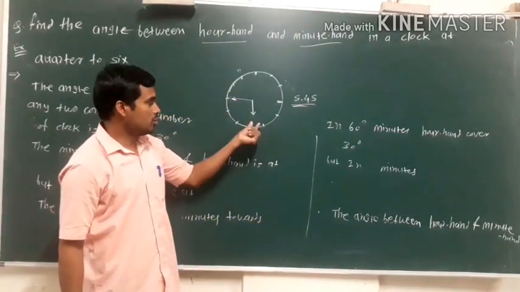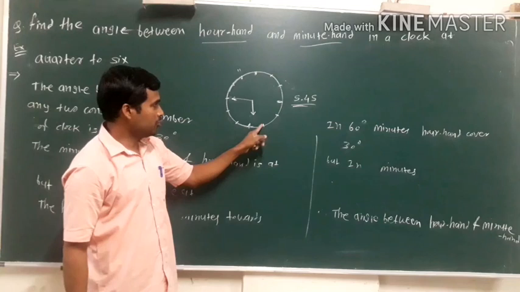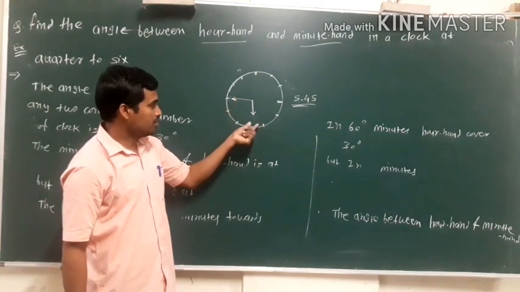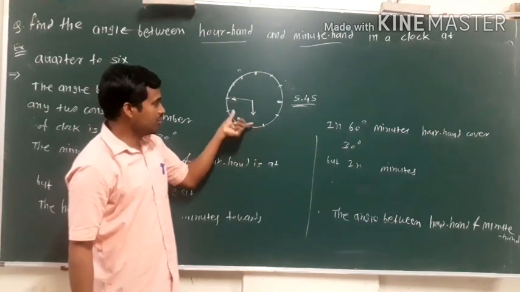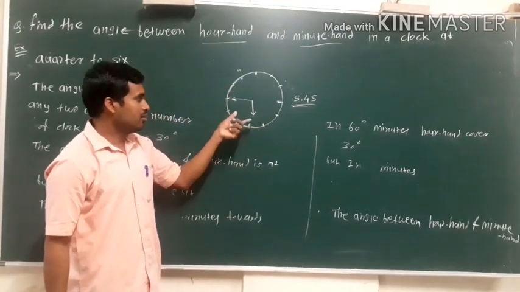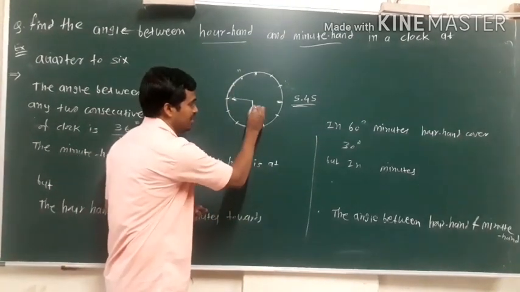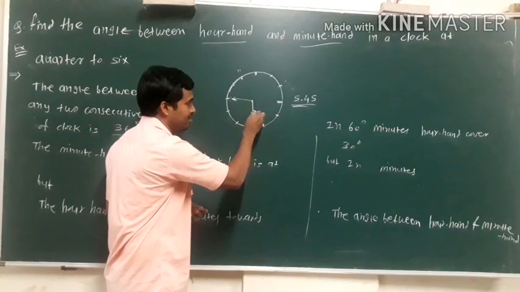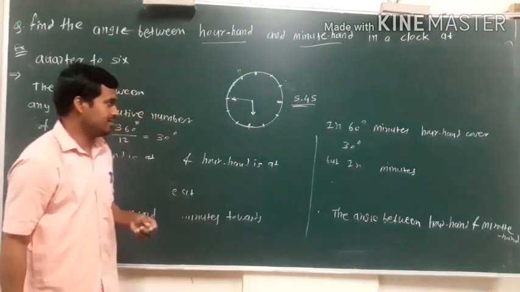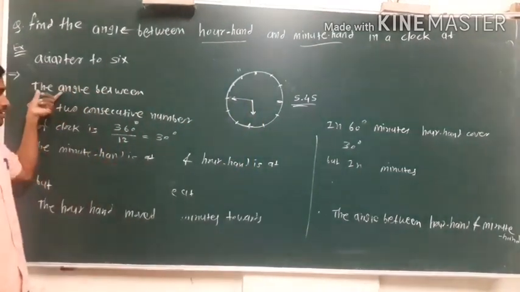So 5:45 means quarter to 6. So to denote this type of diagram: these are the hours and these are the minute hands.